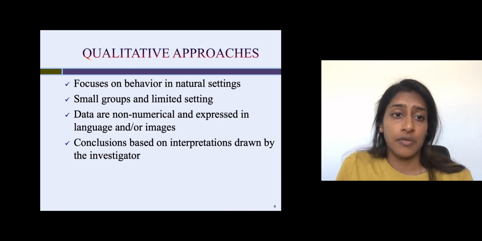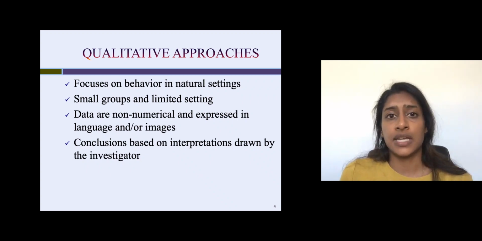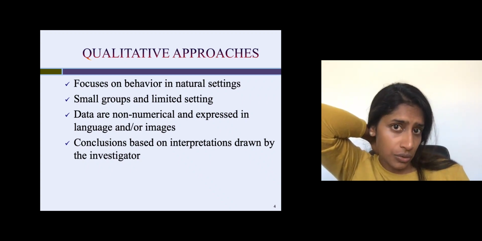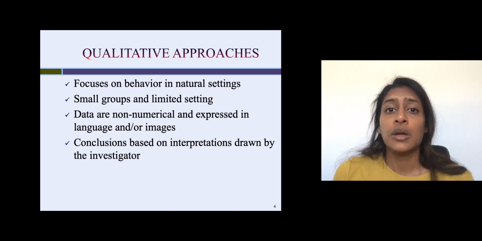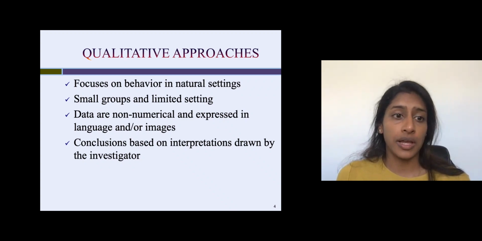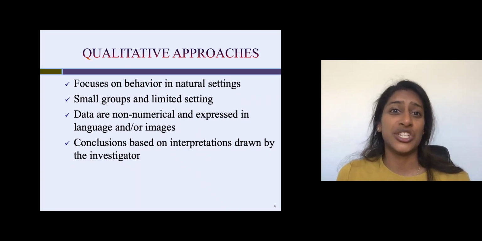In the qualitative approach, here we're kind of looking at behavior. Our qualitative data collection is going to be limited to smaller groups because we are going to be observing and recording, right? And this isn't going to be numerical recording. We may say, transcribing a conversation that's taking place, right?